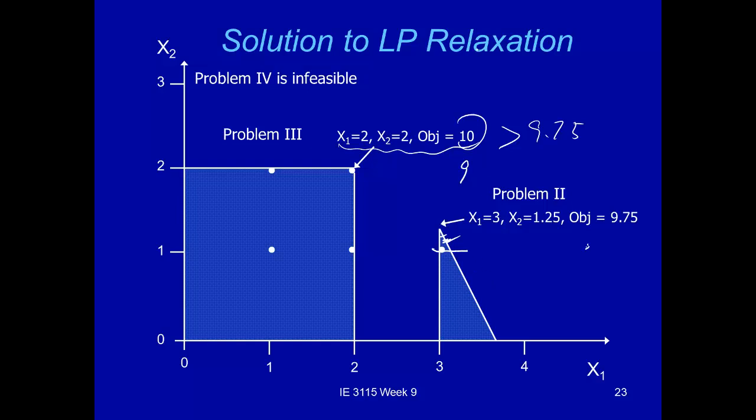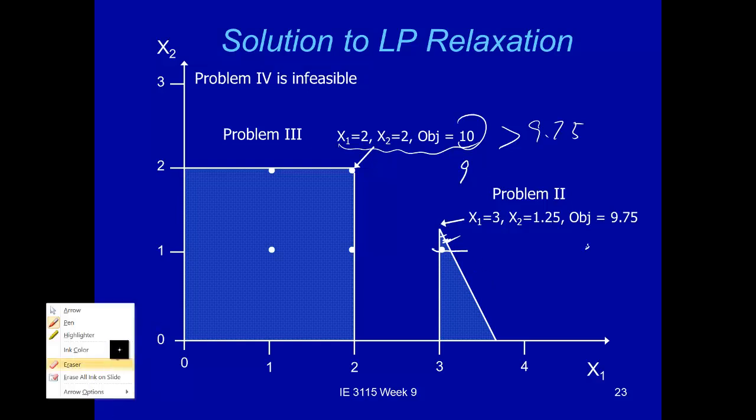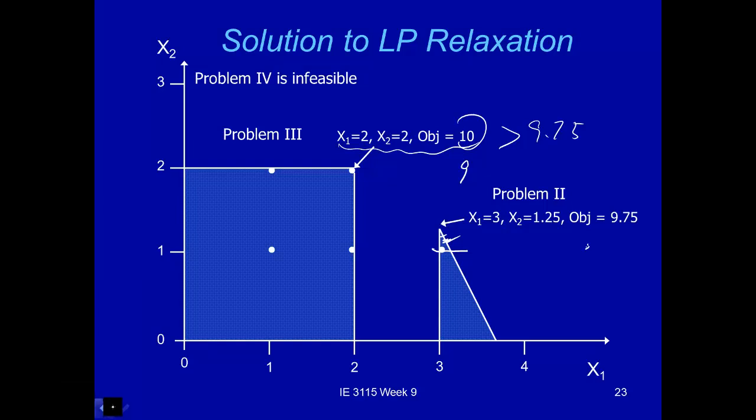But in this case, based on that bound we talked about, the optimal objective function value of an LP relaxation is always better than its ILP. So this is the LP relaxation.